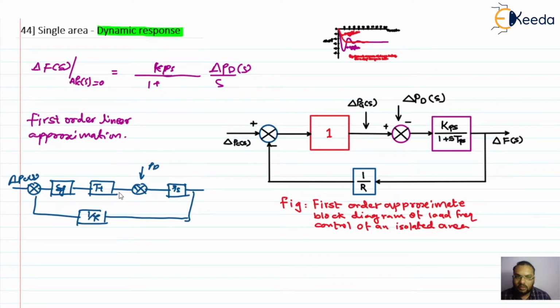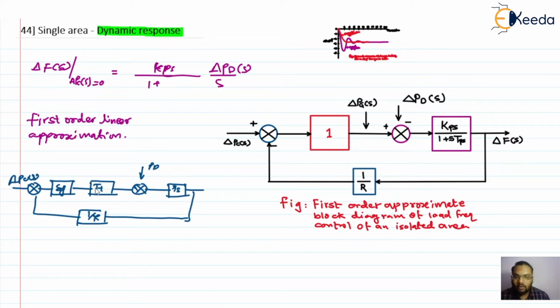So you see here, by examining these blocks, that is the speed governor block, turbine block, and power system or generator load model block, these blocks have transfer functions in terms of gain and time constants. If we examine this and apply some approximation on these blocks, then it is possible to reduce them.